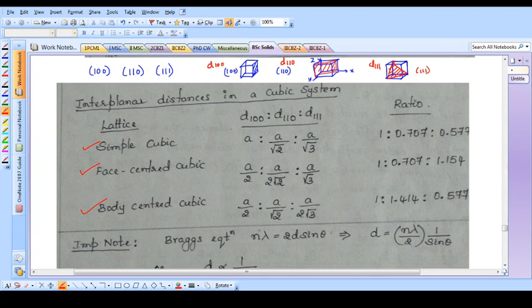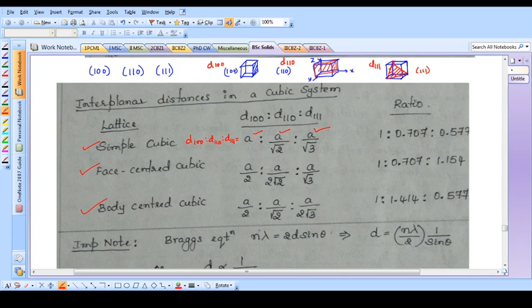It is observed that if the system is a simple cube, then the ratio is a to a by root 2 to a divided by root 3, where a is the unit cell length. So d100 to d110 to d111 in a simple cube is a to a by root 2 to a by root 3.